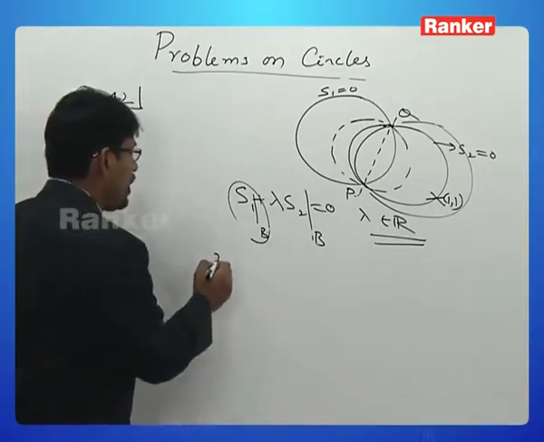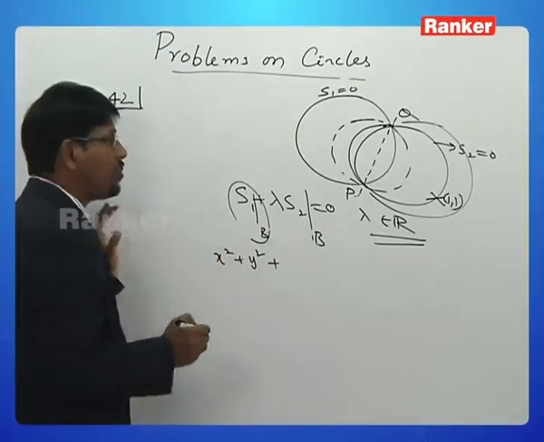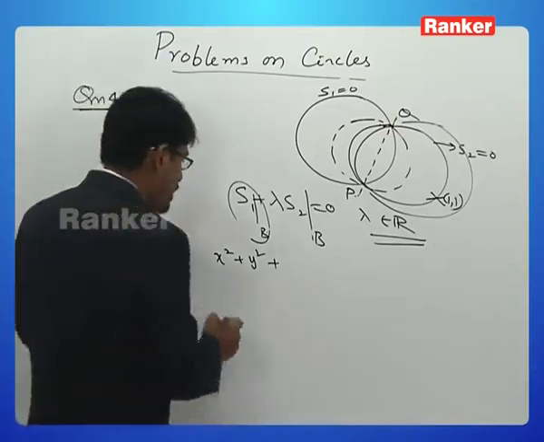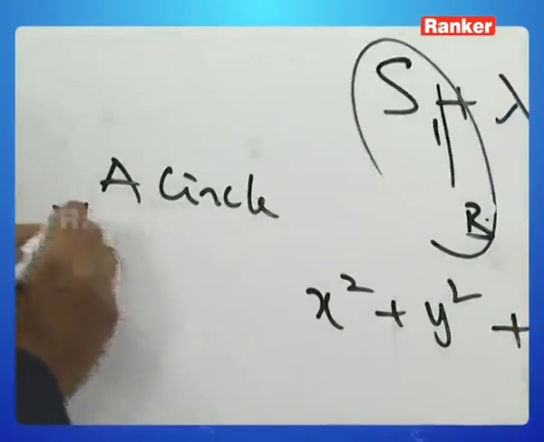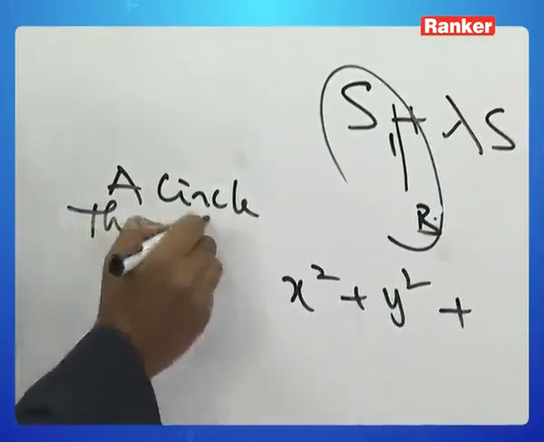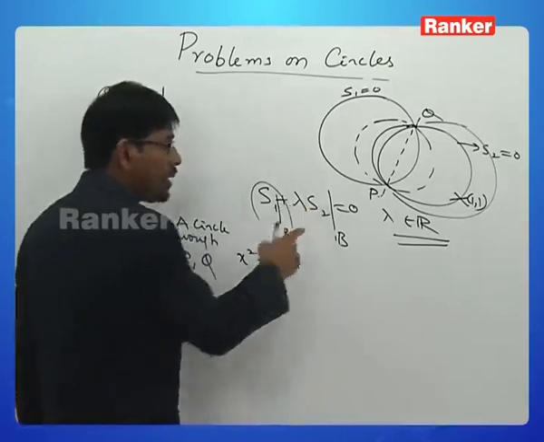Okay, so let's see if that's possible. How do you write a general circle passing through P and Q? A circle through P, Q is given by S1 plus lambda S2 equal to 0.